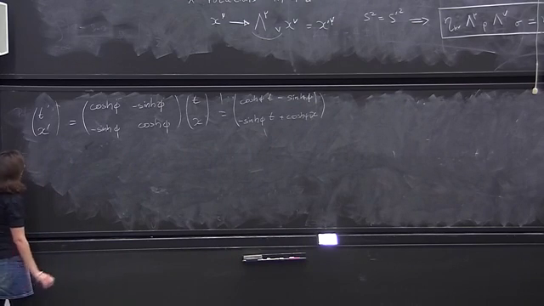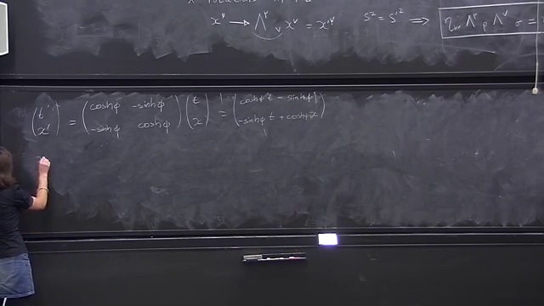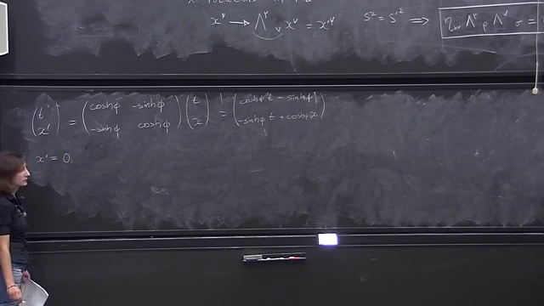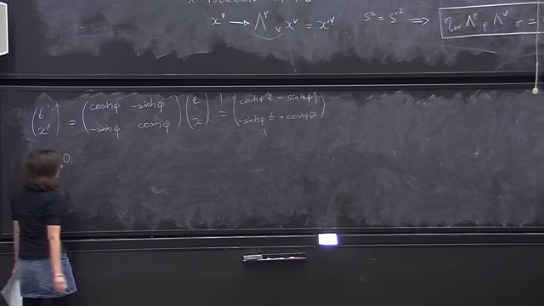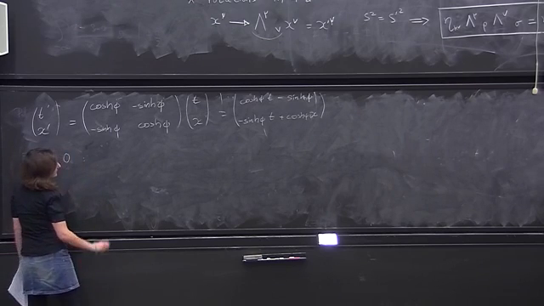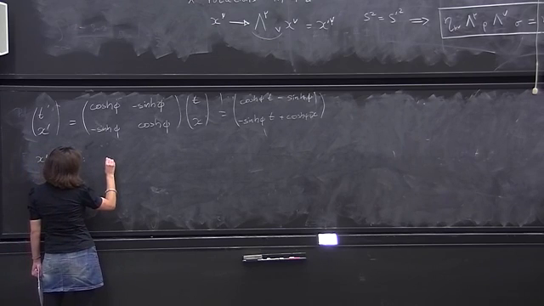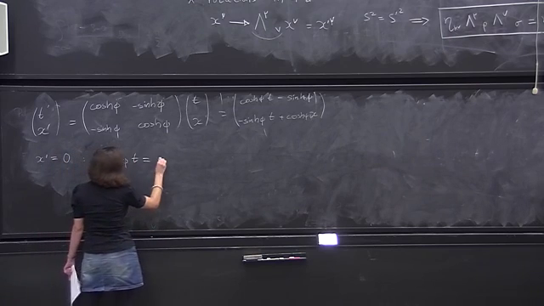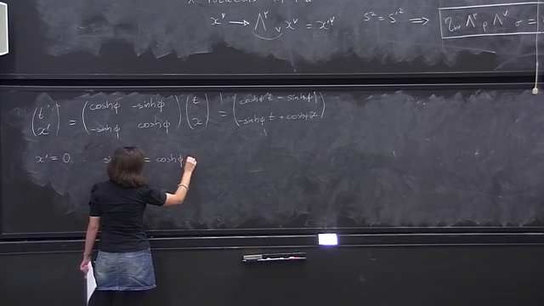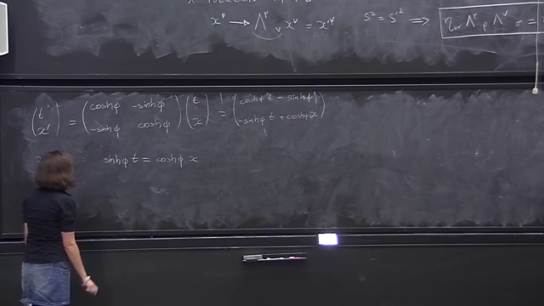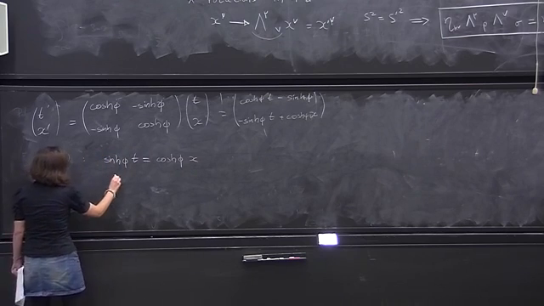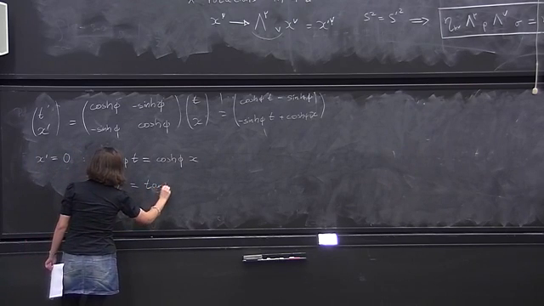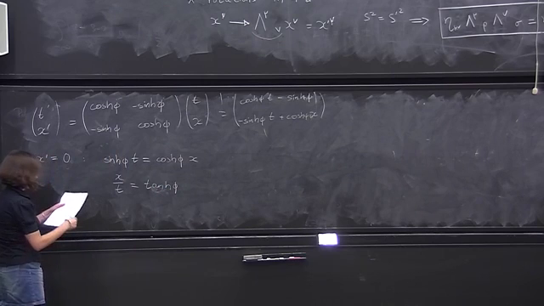Okay, so what does the point x prime equals 0 correspond to? For x prime to be 0, it means that sinh phi t should be equal to cosh phi x, or in other words, x over t equals tanh phi.